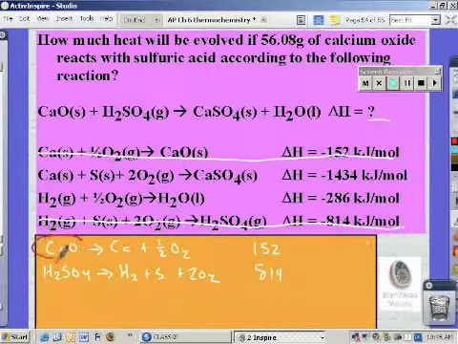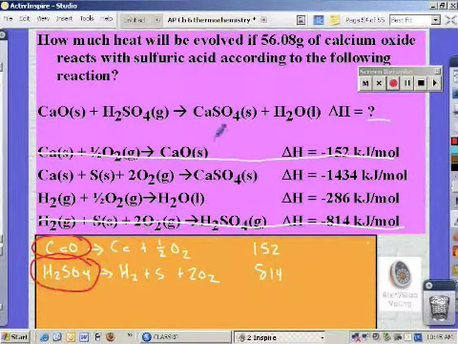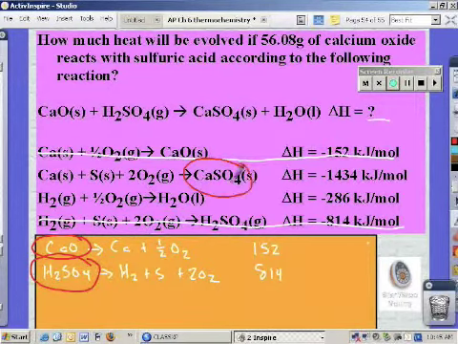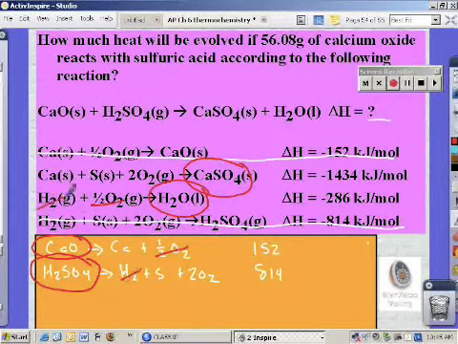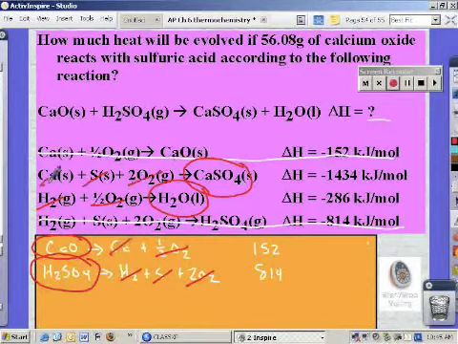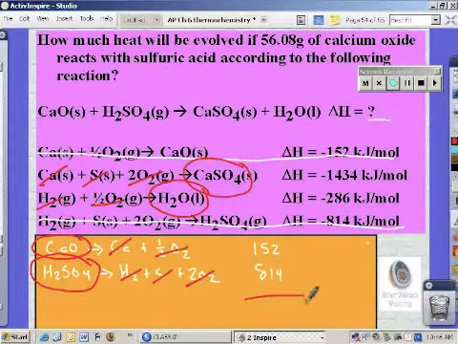Cross things out. Everything but what was in our reaction crosses out, so we were good.